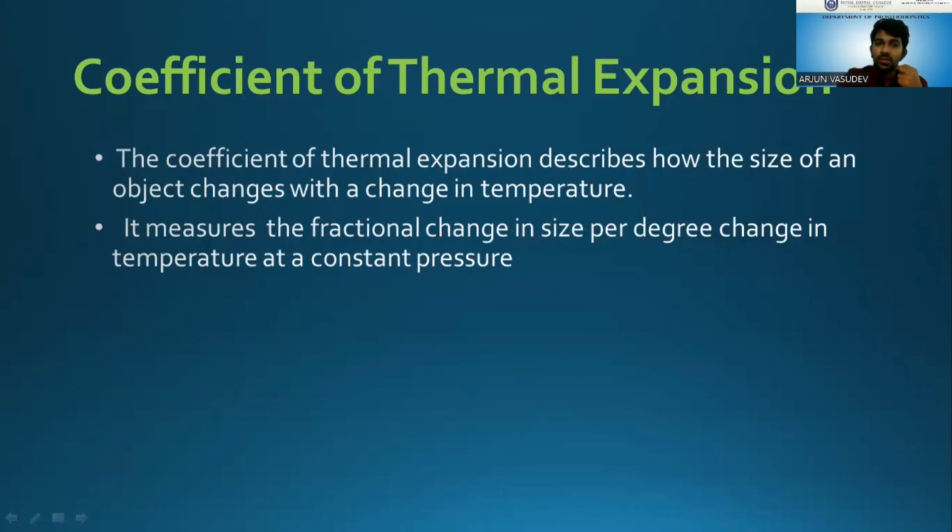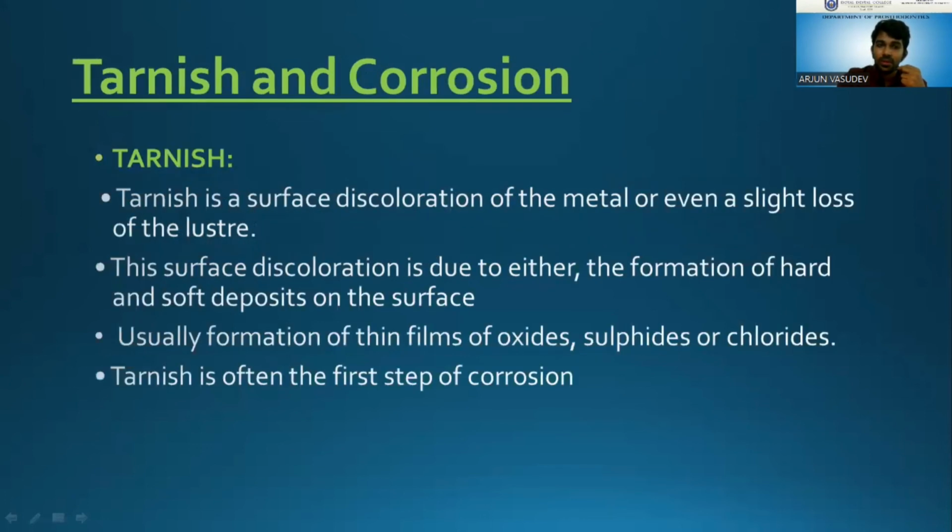Coefficient of thermal expansion. The coefficient of thermal expansion describes how the size of an object changes with a change in temperature. It measures the fractional change in size per degree change in temperature at a constant pressure. Tarnish and corrosion.